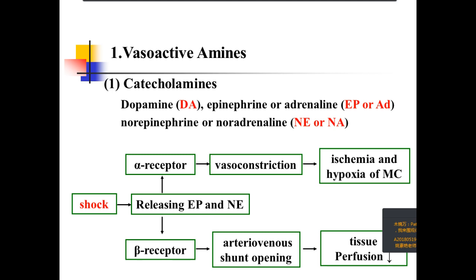Vasoactive amine, first catecholamine. During the macrocirculation mechanism, we have learned that during shock, catecholamine first increases and next decreases. First, during the ischemic hypoxia stage, because there is no acidosis, catecholamine increase leads to vasoconstriction.